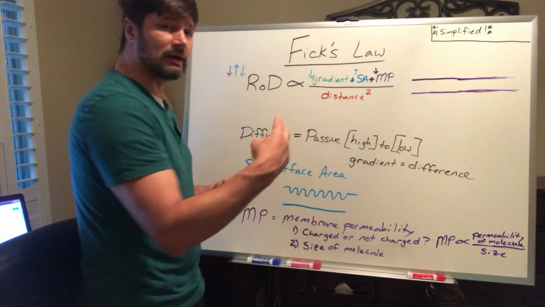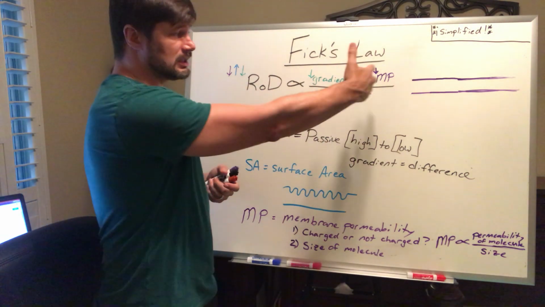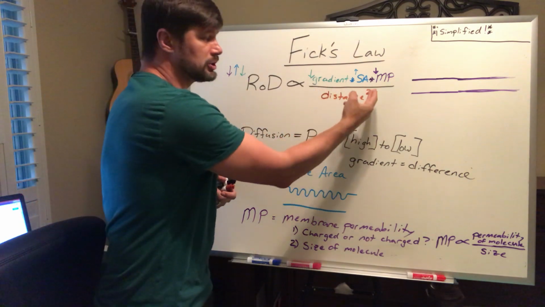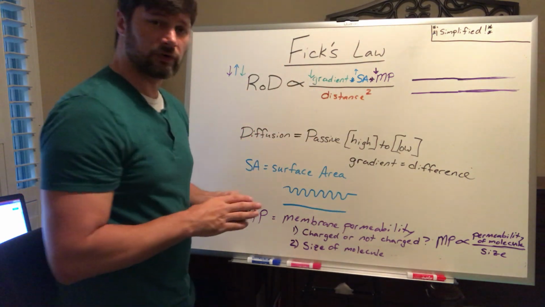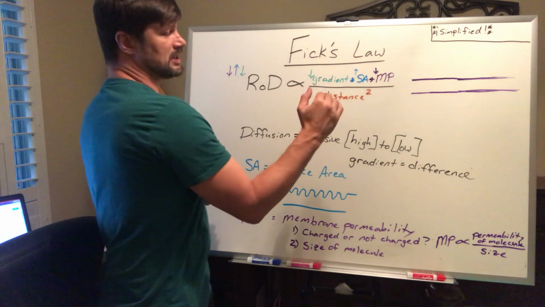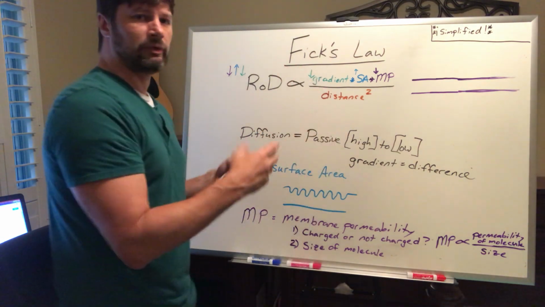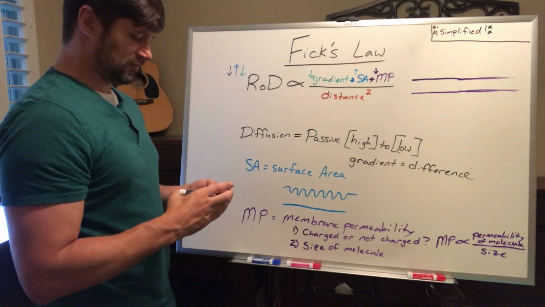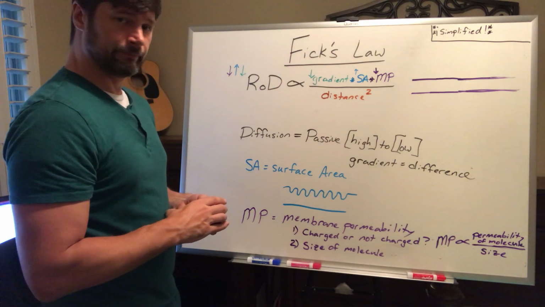We give it a 2 power, it's stronger than anything else. If we change the distance by 2, well, that's 2 to the 2, so we're actually changing it 4-fold. So this is the most impactful, the most powerful determinant that speed of diffusion relies upon.